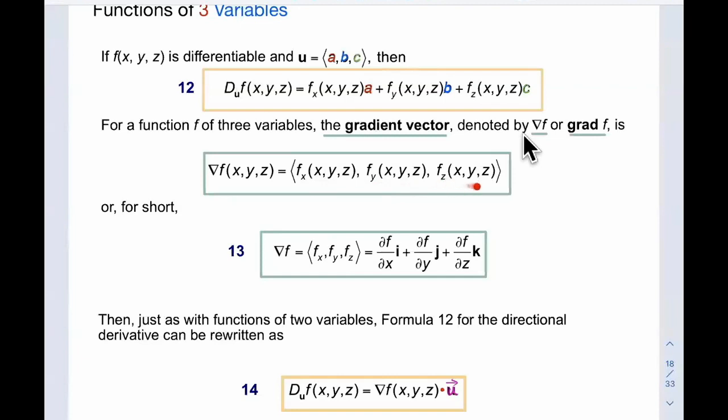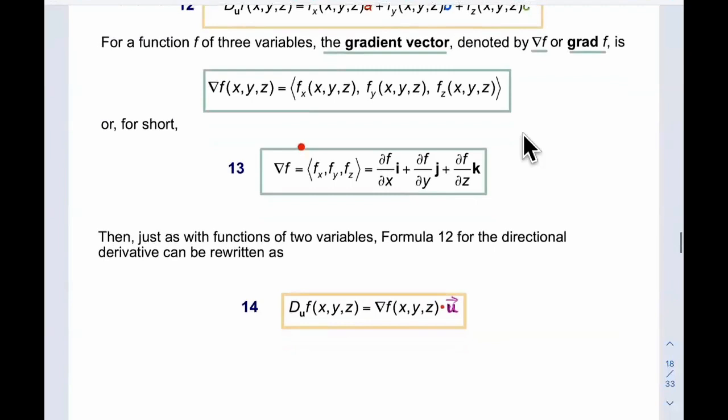That is the gradient vector when the function is a function of three variables. So just add one more component. And maybe this is easier for you to remember: Fx, Fy, Fz. This vector here is the gradient vector. And if you put the ijk expression, it looks like this.